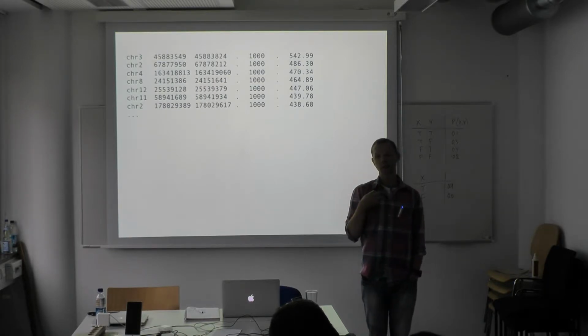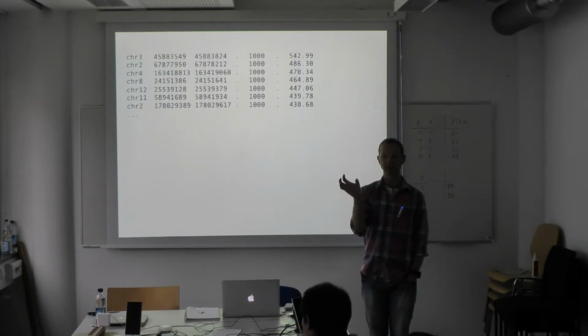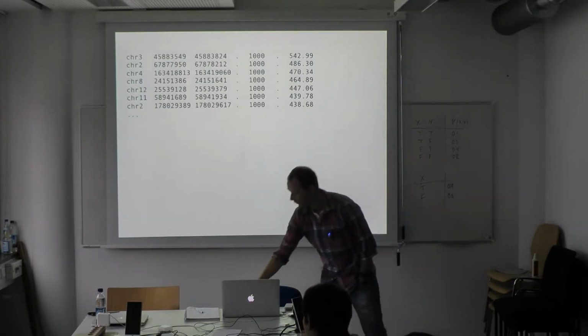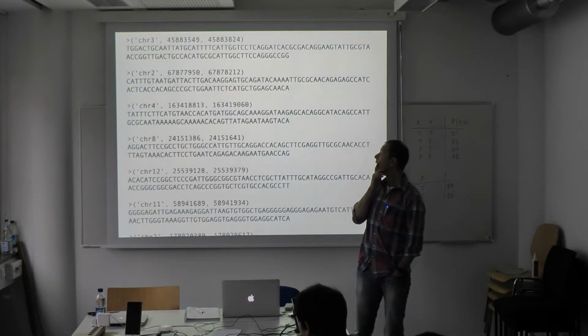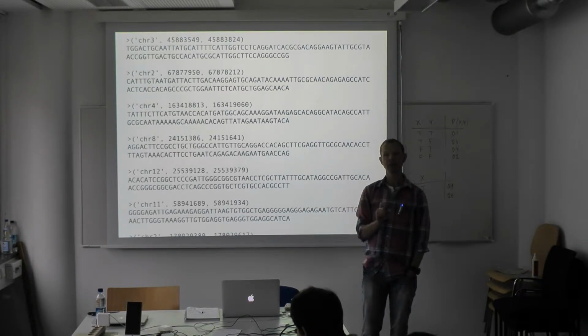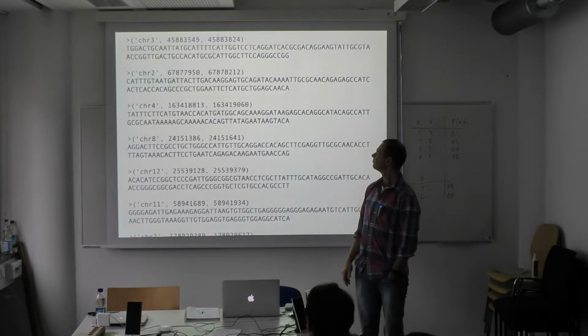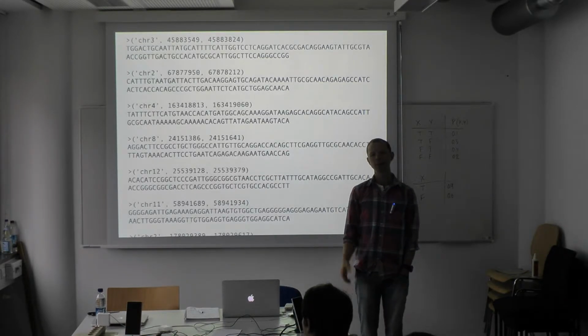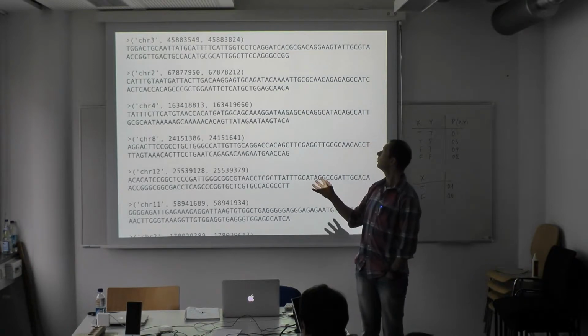So what we'd like to answer is a question such as, what do these sites look like from a sequence point of view? So I take this file and I extract the sequences. These were human sequences, or from the human genome.